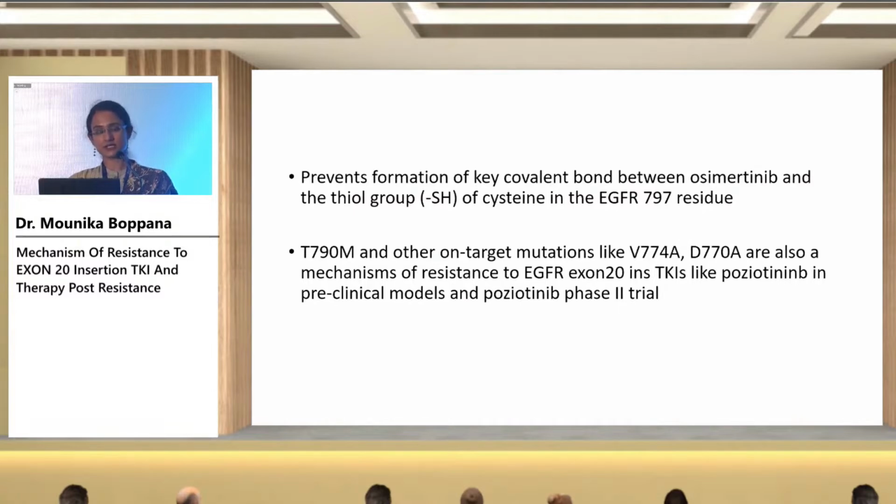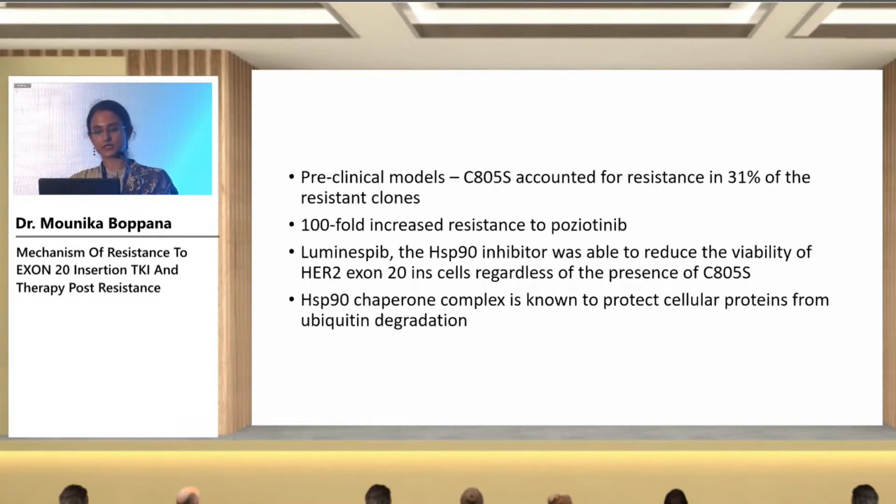If there is a mutation in C797S, that prevents formation of key covalent bonds between osimertinib and the thiol group. And that causes resistance to osimertinib as well. So T790M, C797S, and many other on-target mutations play a role in the resistance to EGFR exon 20 insertion TKIs like poziotinib, also in the preclinical models as well as in the poziotinib phase 2 trial.